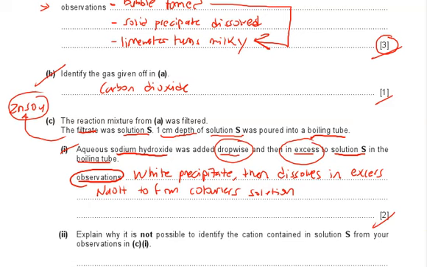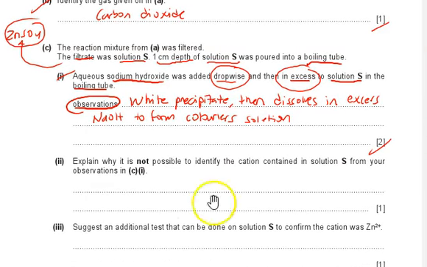Okay, this is 2 marks. And then we look at the next one. Explain why it is not possible to identify the cation contained in solution S from your observation in C1. If you notice here, the white precipitate for the dropwise and then dissolves in excess sodium hydroxide.